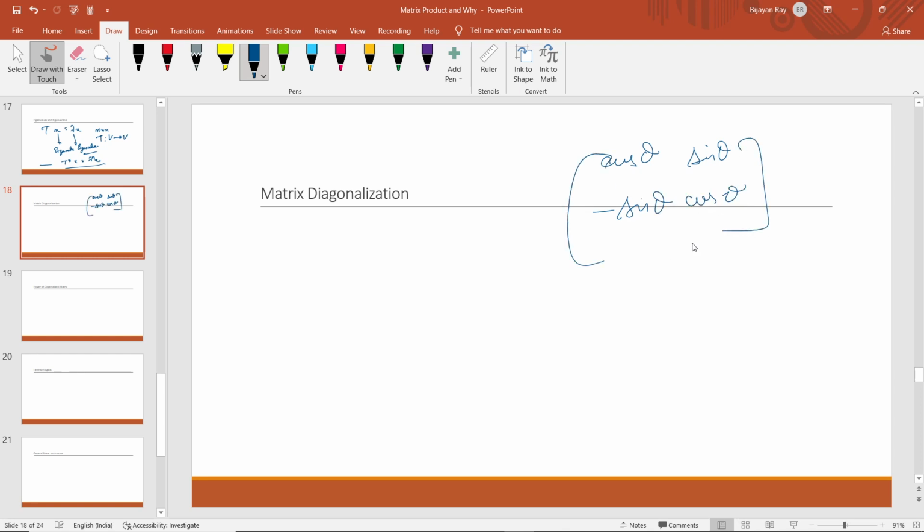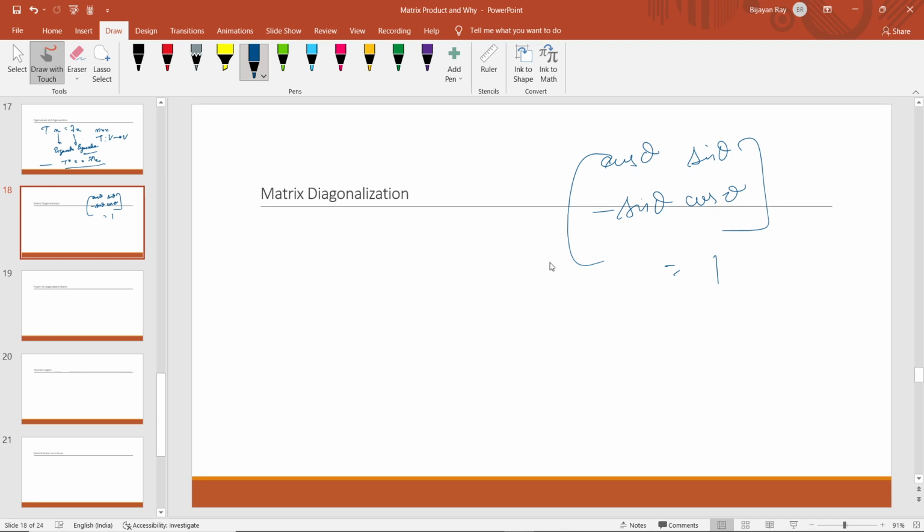When you solve for the eigenvalues, the determinant will be cos squared theta plus sine squared theta, which is equal to 1. So it is non-singular, and the eigenvalues are distinct and belong to the complex numbers. So there will be eigenvectors, and this is our theorem that we will come to.